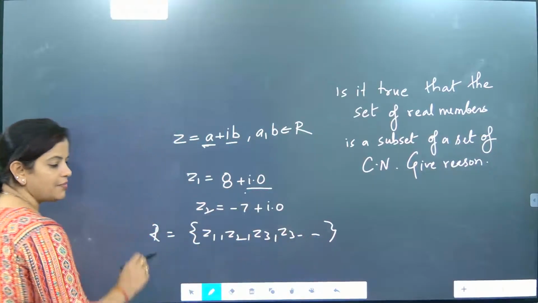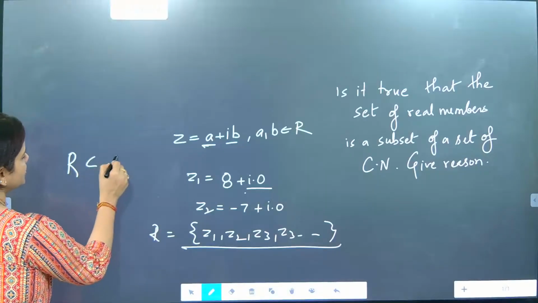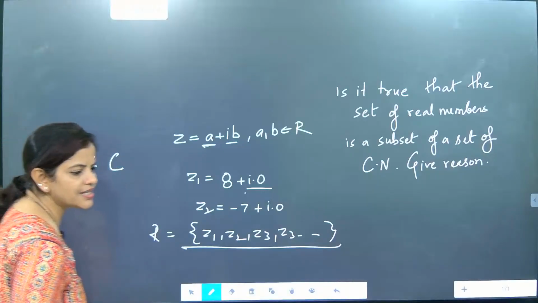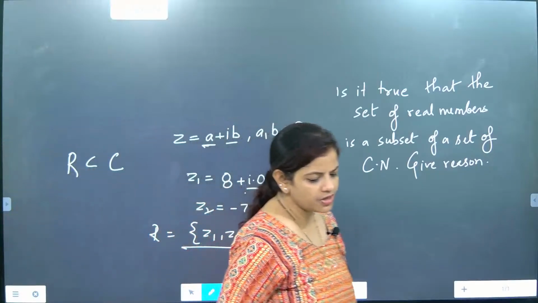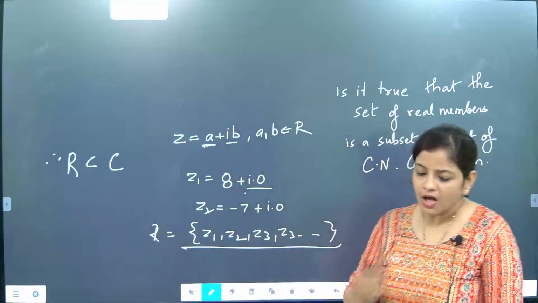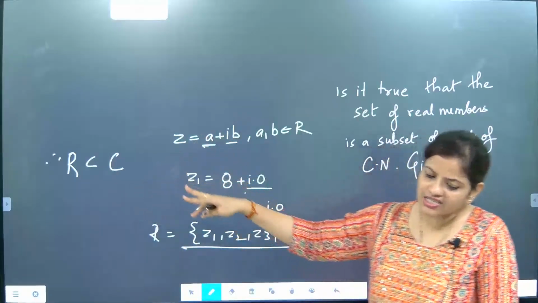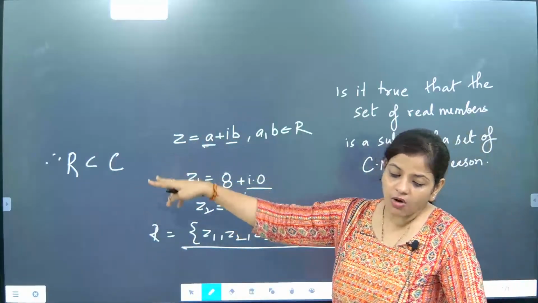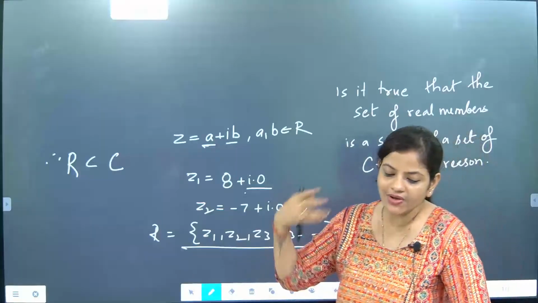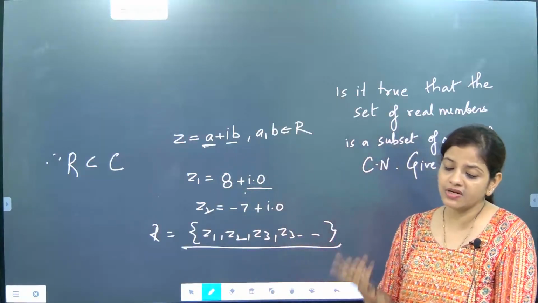And beta, this R can be a subset of complex numbers. So you need to explain this one. Therefore, R can be a subset of complex numbers. Definitely, this real set will be smaller than the complex set, because the complex set will have all types: imaginary numbers also and real numbers also.